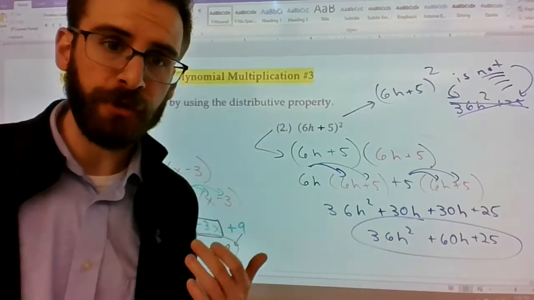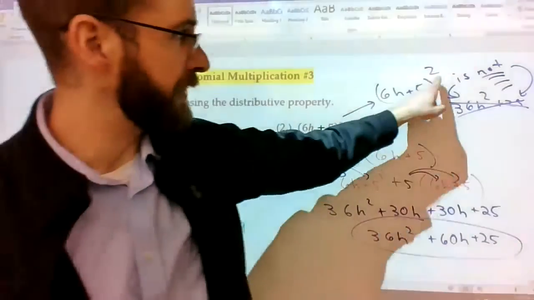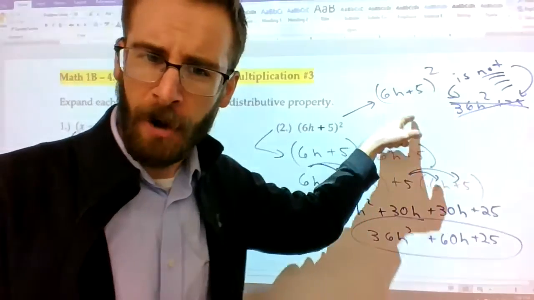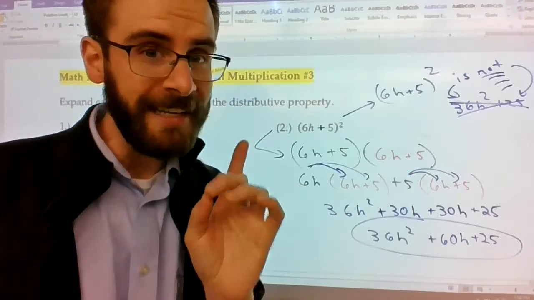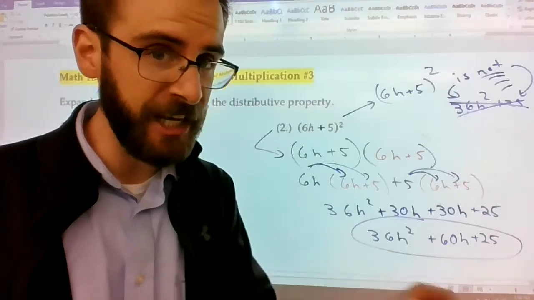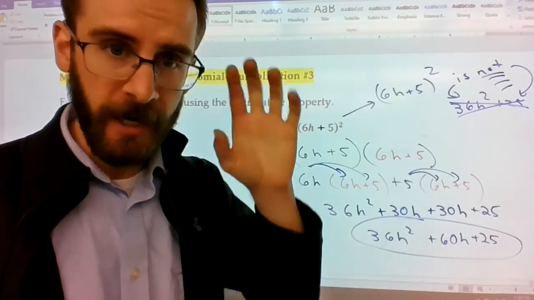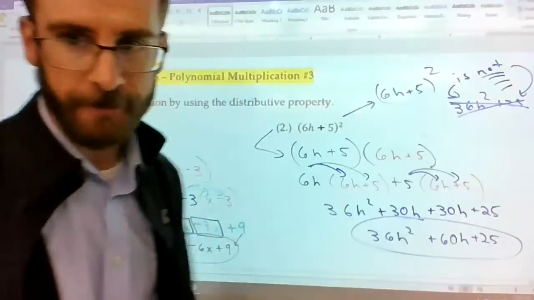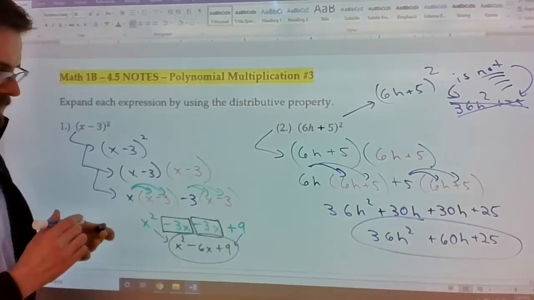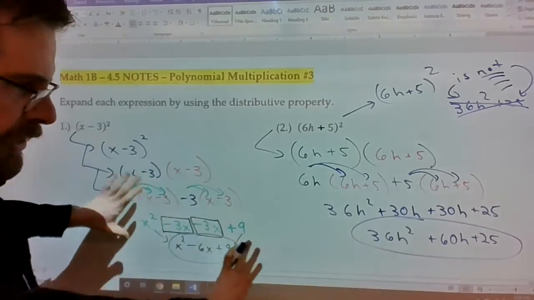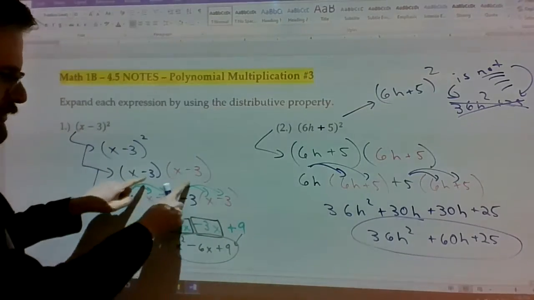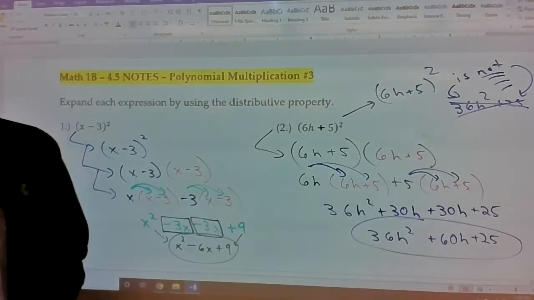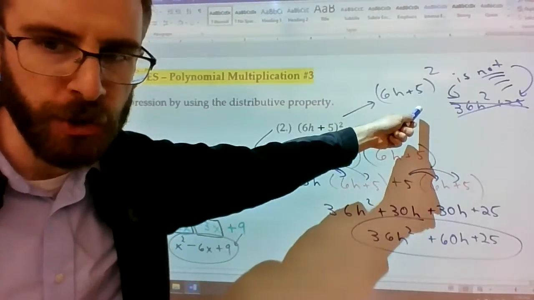That's oftentimes what students try to do. They're like, hey, there's a little 2 on the outside. Didn't we distribute that to all the parts on the inside? We did that when it was nothing but multiplication. So you got to take that fake shortcut and toss it out of your brain. So expand the polynomial like you did before. You just got to do a rewrite if you see an exponent. Don't try any bogus shortcuts.